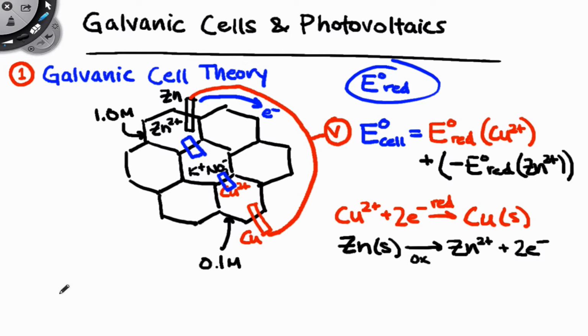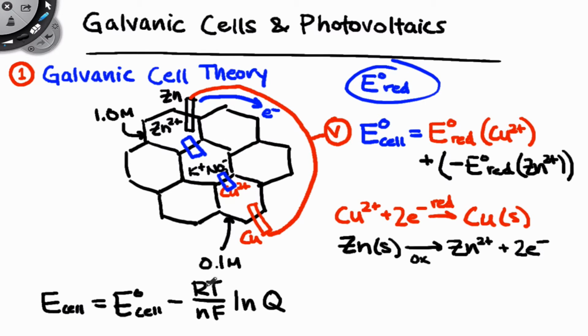Not the standard cell voltage, but the observed cell voltage under non-standard conditions is going to change, and this is governed by the Nernst equation. So the cell voltage under non-standard conditions is the standard cell voltage minus a term due to the change in concentration, RT over NF, natural log of Q. R, that's your ideal gas constant, T is the temperature in Kelvin, F, that's Faraday's constant, that's just the charge in a mole of electrons, and N is the number of electrons that are transferred per reaction event, and we can get that from the half reactions.